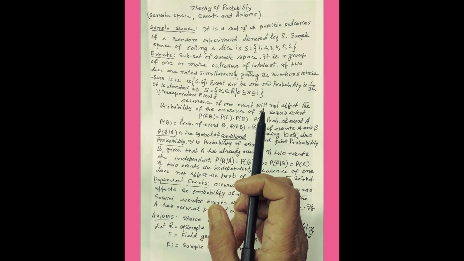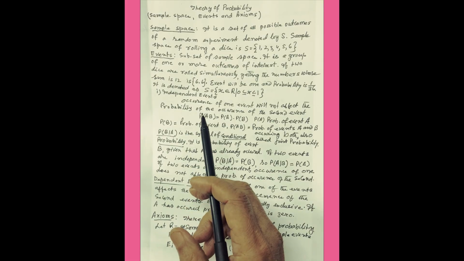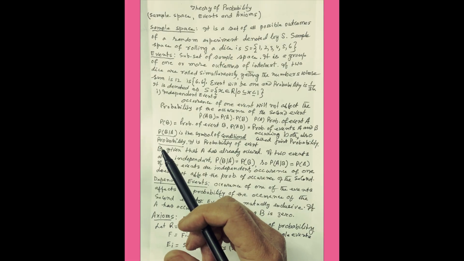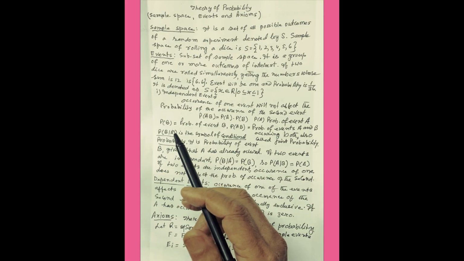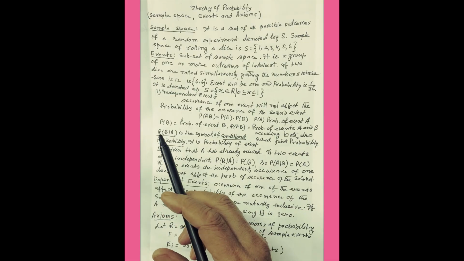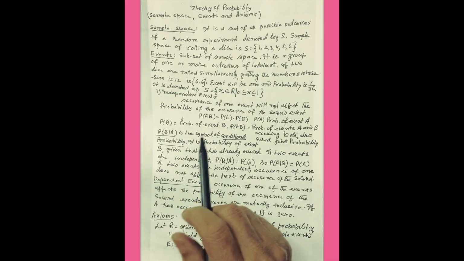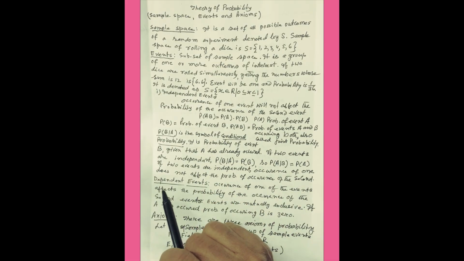Getting the numbers whose sum is 12 is 6, 6. So if our favorable case is 12, that means if we add the number coming from the first dice and the second dice, the sum must be 12.